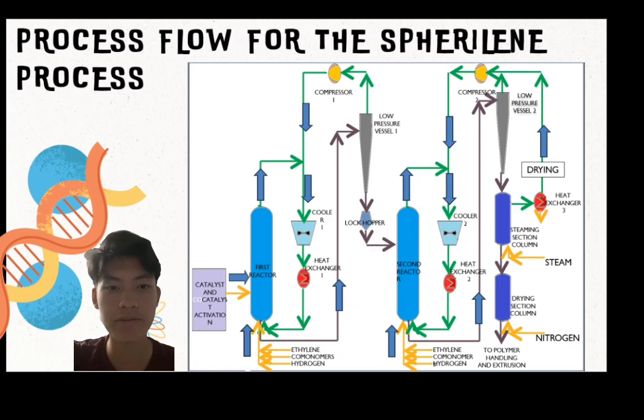Before going to the drying section, heat from the hot polymer or gas streams is being recycled and dried all the way to compressor 2, then cooler 2 and heat exchanger 2, going back to the second reactor.